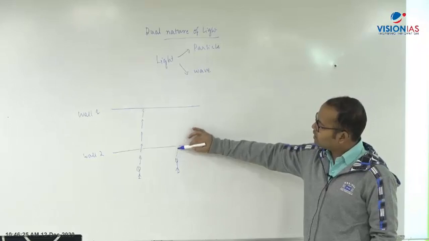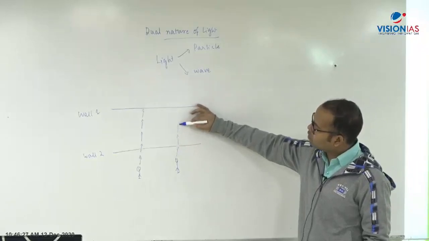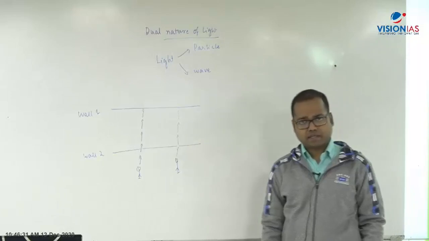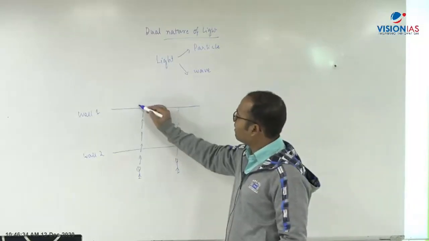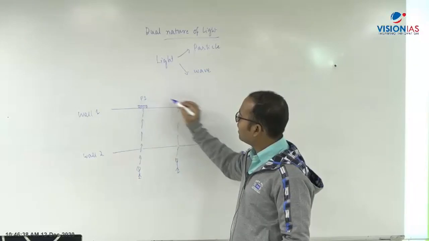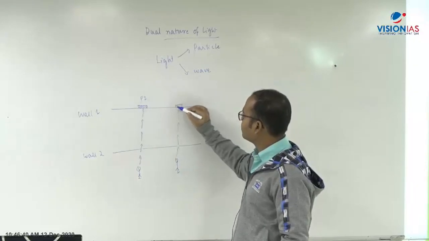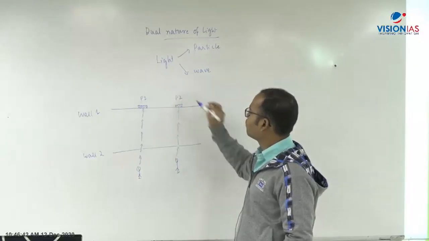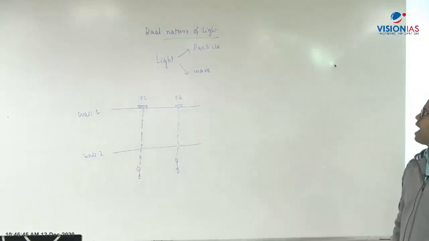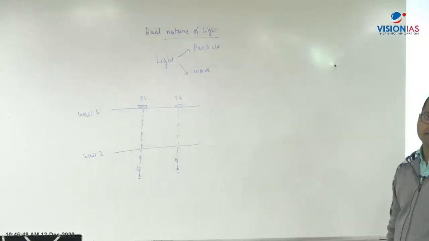In the same fashion, this gunman will also fire bullets. So what can you expect? You can expect that the patches of bullets will be found only at these two areas, patch 1 and patch 2. Yes? Only these two areas will have bullet patches.